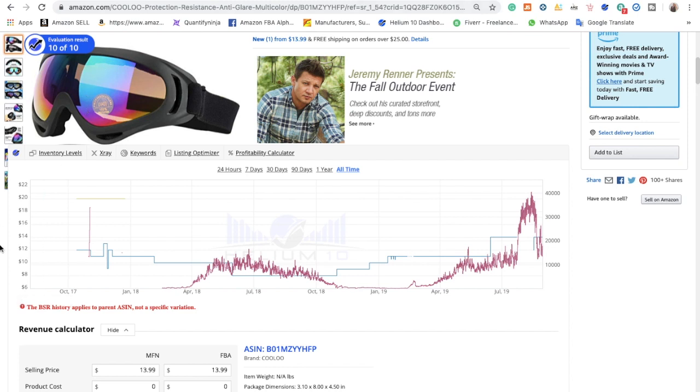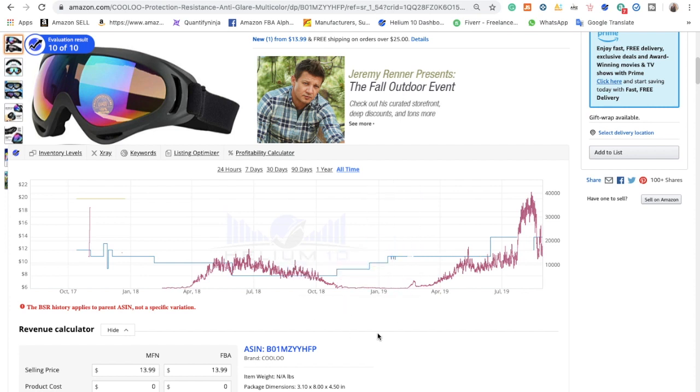And then here, I'm now showing you guys a seasonal product, which is ski glasses. You can see here that the BSR is high, and then suddenly in the wintertime, wintertime in America, it goes down. And then towards the summer, it comes back up because this is a seasonal product that only sells in the winter.